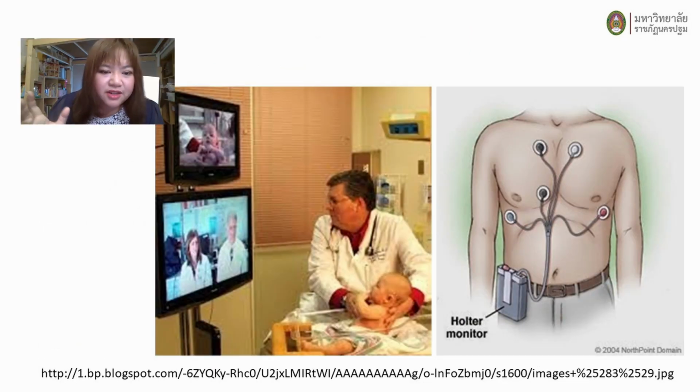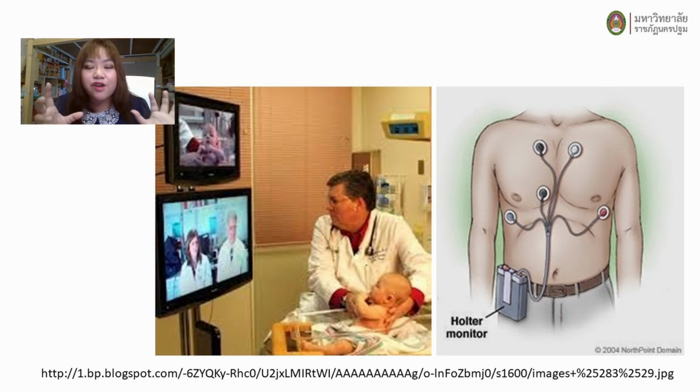See in this picture, they have a heart monitor, maybe on a child. This is a consultation. The pediatricians maybe need more advice from other pediatricians, more specialists. So this child is in front of the monitor, in front of the camera, with a heart monitor attached.